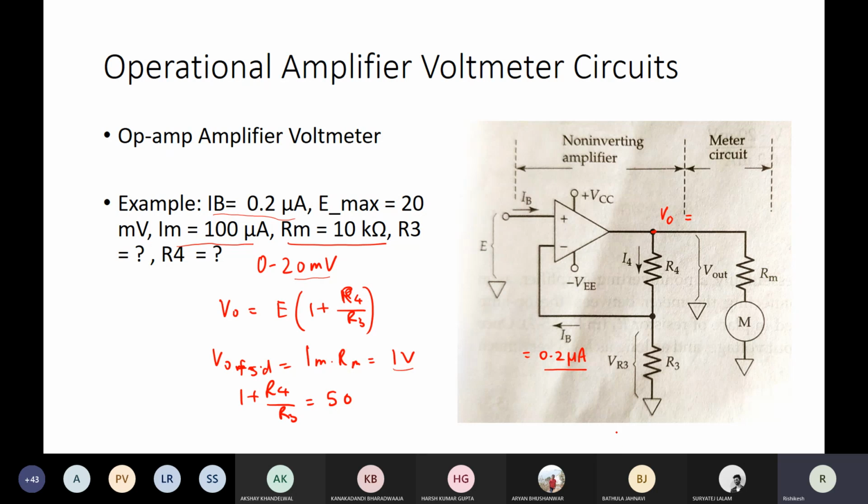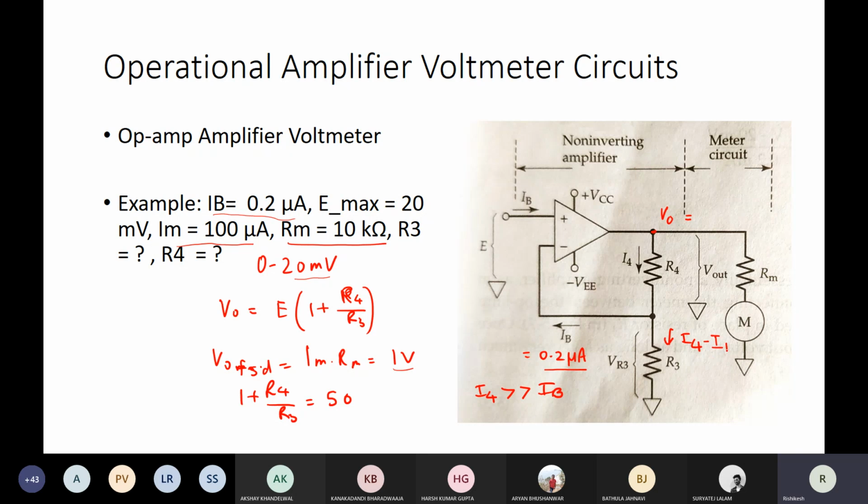If I take into consideration that I4 is much greater than IB, then I can say that the same I4 flows through resistance R3.